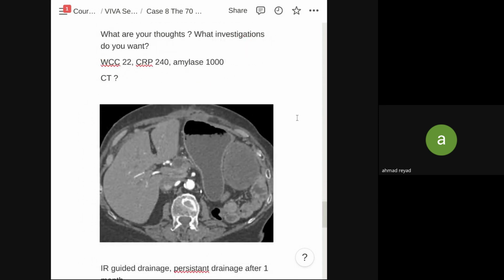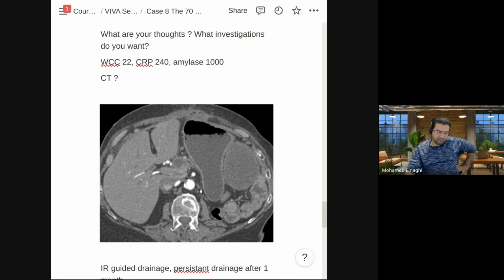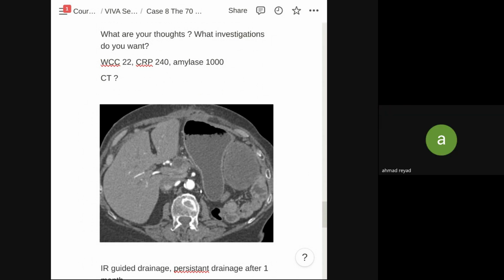I couldn't say it's a pseudocyst because it's not pancreatitis. I would say there is a well-formed wall, and I think IR will get the best benefit for such a big collection.